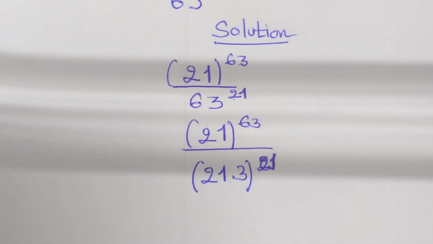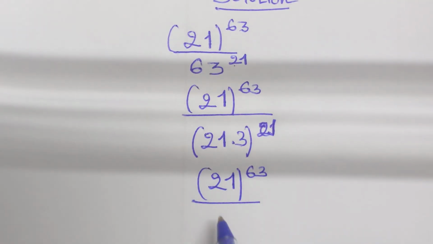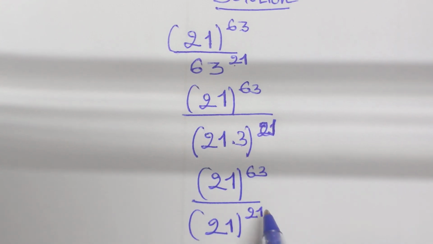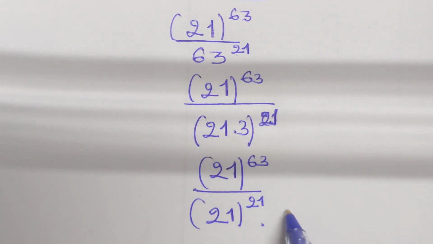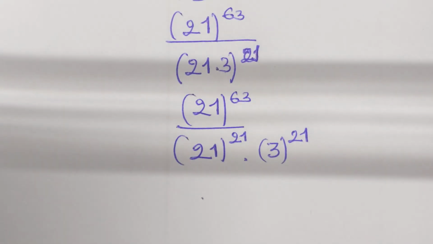Now this can be 21 power 63 over 21 power 21 times 3 power 21. Now from this we can deal with the numbers with the same base.